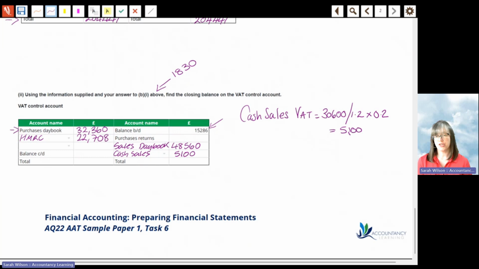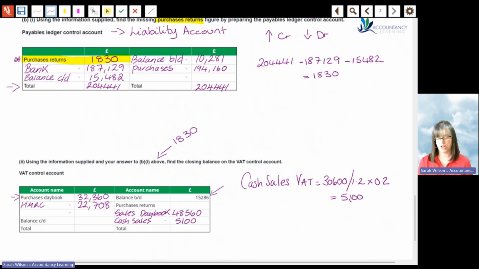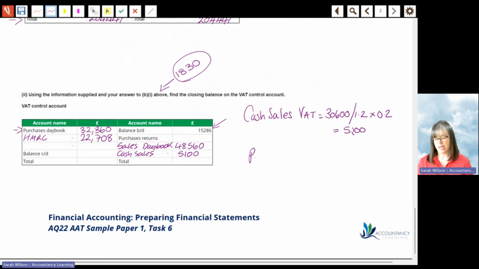And then finally, we've just got to deal with our purchase returns. So we did this in the previous question here, and we've got our purchases returns at 1,830. But again, we need to work out what our purchase returns VAT is, because that 1,830 is the gross amount.